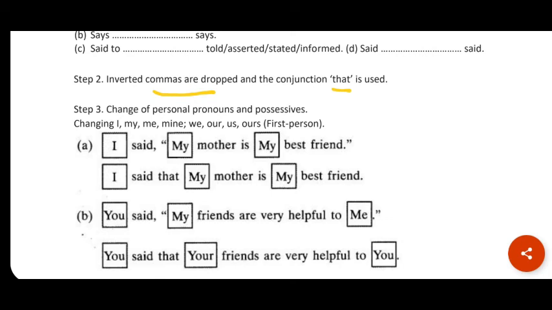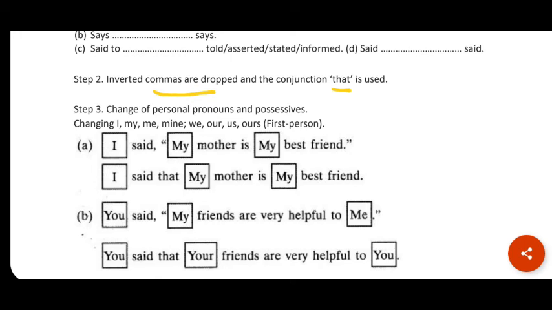Third step is change of personal pronouns and possessives. So the personal pronouns and the possessives are changed according to the subject of the reporting verb.